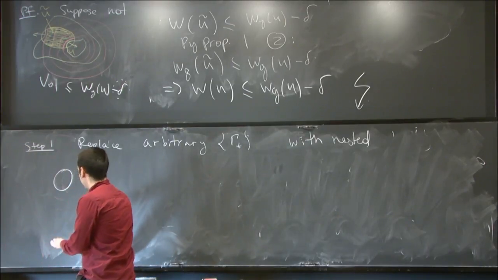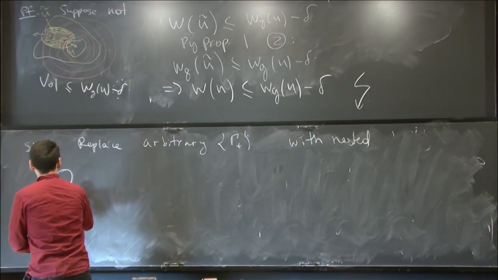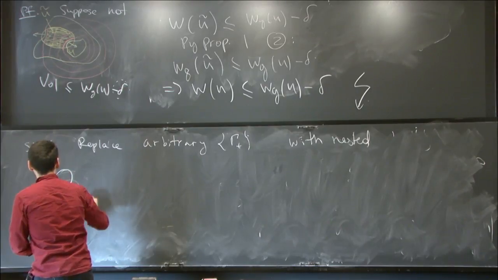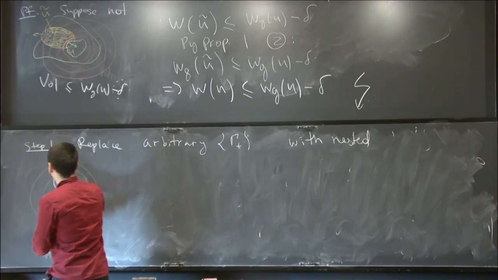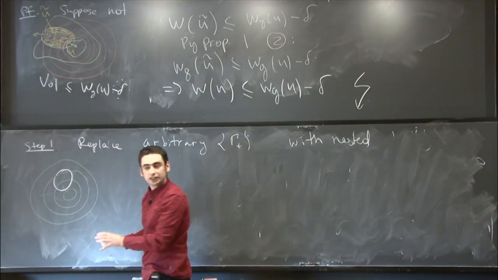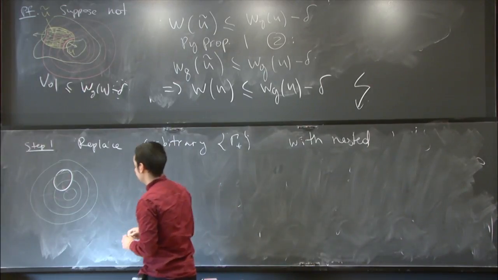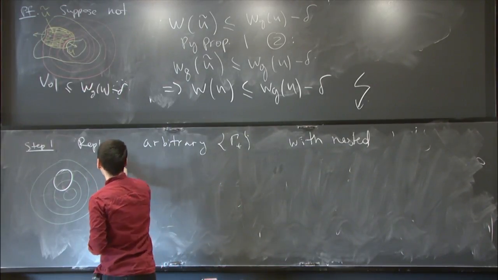Now when it is nested, it looks rather nice. These are all boundaries of nested open sets, one inside the next one. And make the following observation.